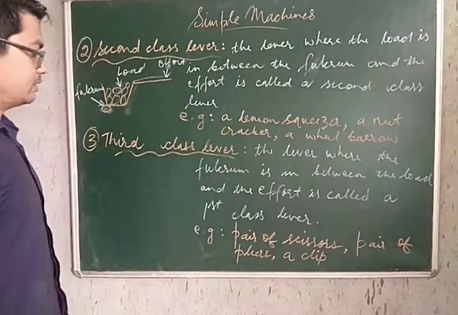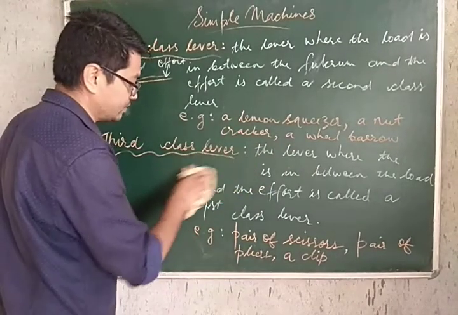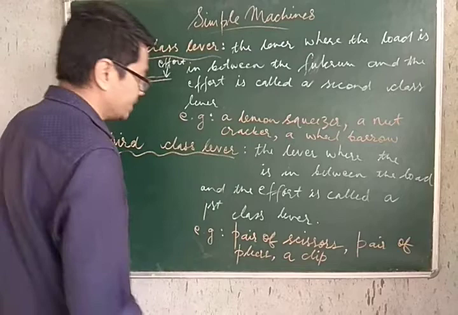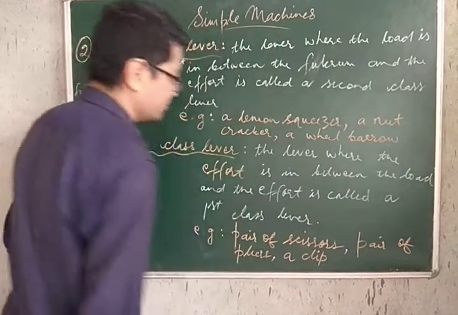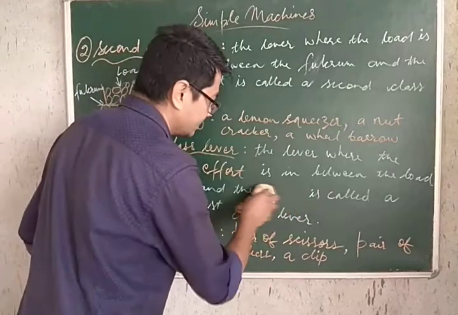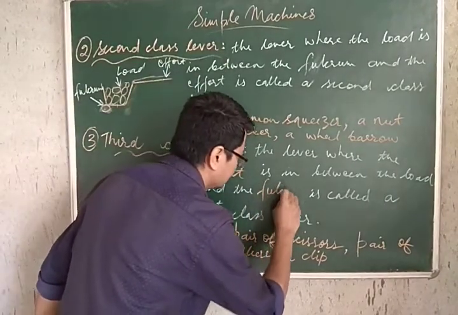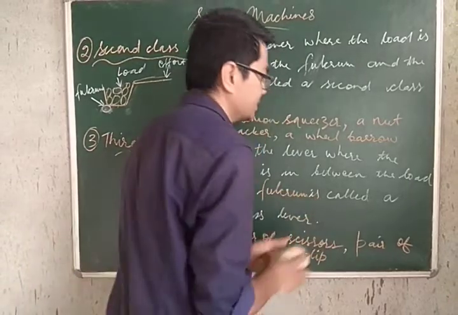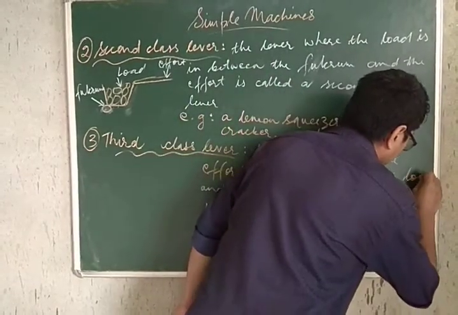So how do you define third class lever? The lever where, now what is left to be in between? Where the effort is in between the load and the fulcrum is called your third class lever.